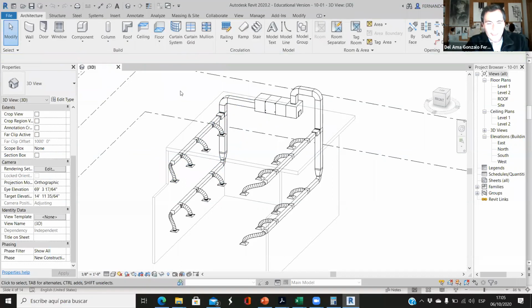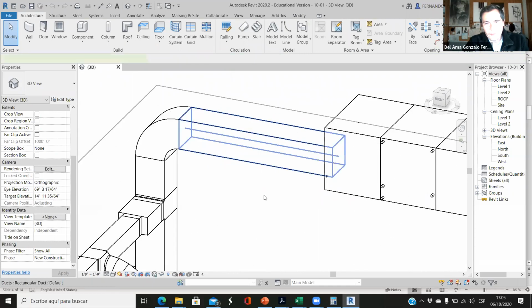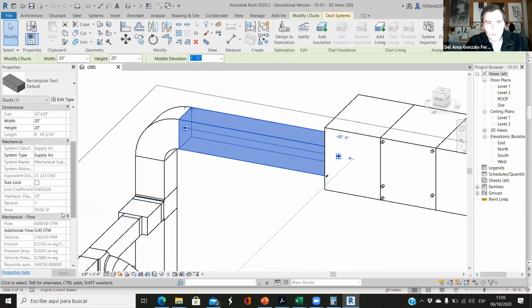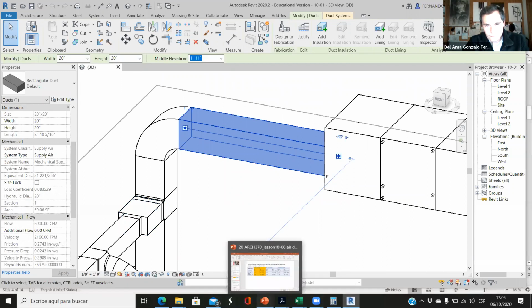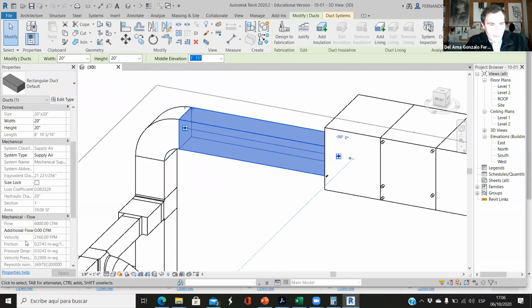Perfect. Now we have to check the velocity. So let's start checking the velocity here. If we select this duct, we know that it should be around 1000 or 1200 or 1300 maximum. What is the velocity here? 2100. Oh.